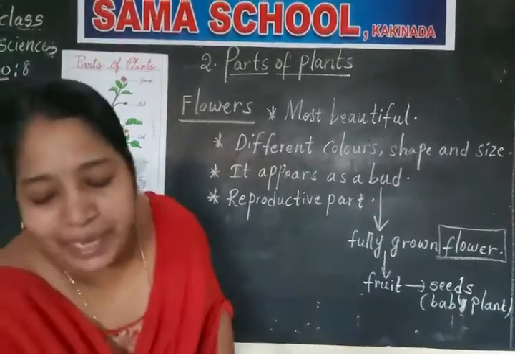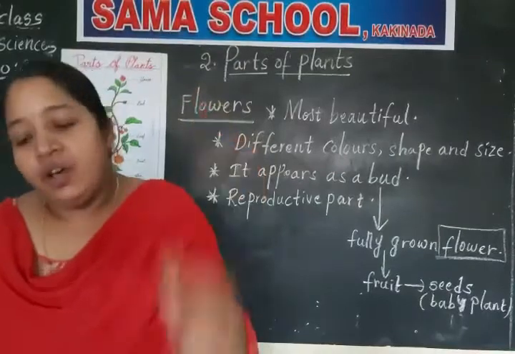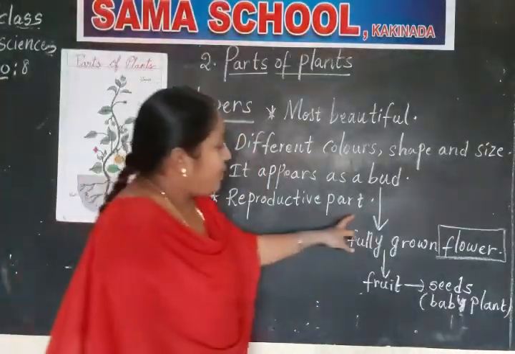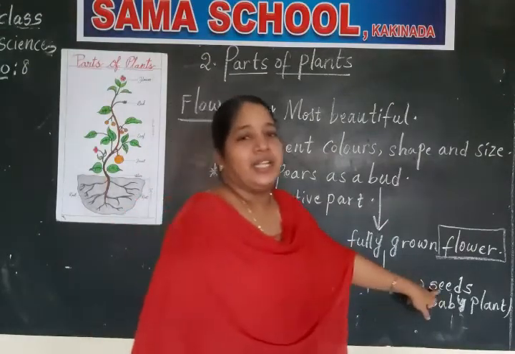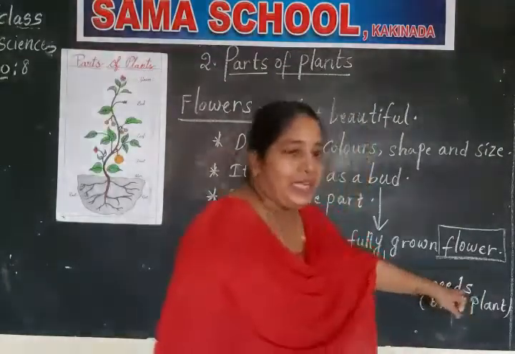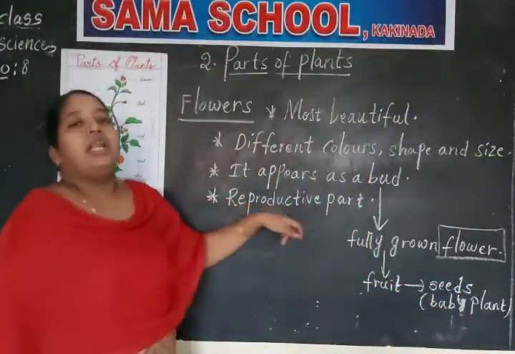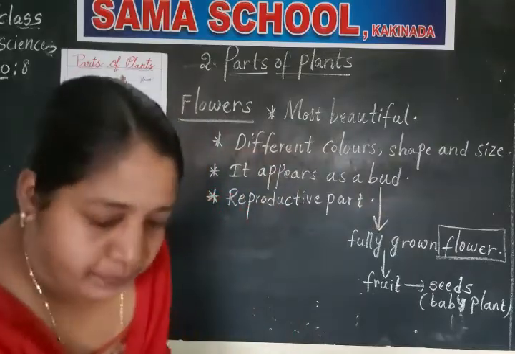First the bud changes into flower, and the flower grows into fruit, and the fruit contains seeds, and from the seeds you will get a baby plant. That's why flower is a reproductive part of a plant. Clear, children? Okay.